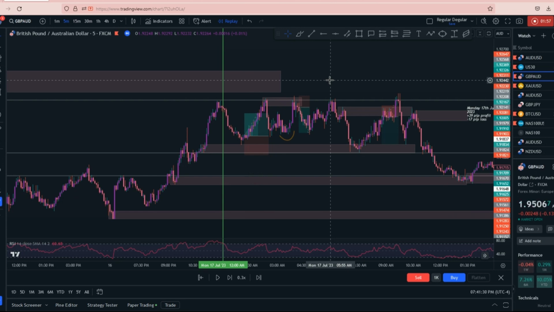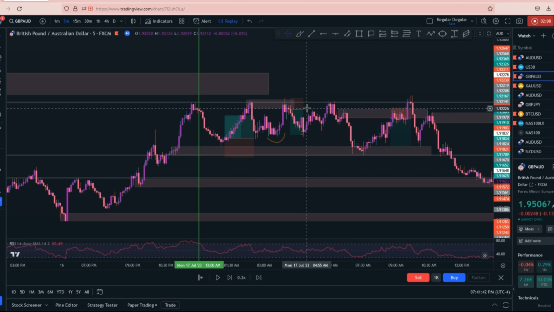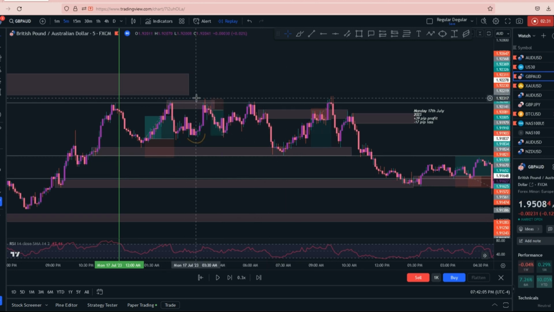Price came into that area and actually rejected all the way up there, but I still got in when I was waiting for a bearish candle to close this way, and so that's why I got into this trade here. I made these previous lows my TP. And this one was a 21 pip move with a 9 pip stop loss. I made my stop loss a bit wider, considering the trade.